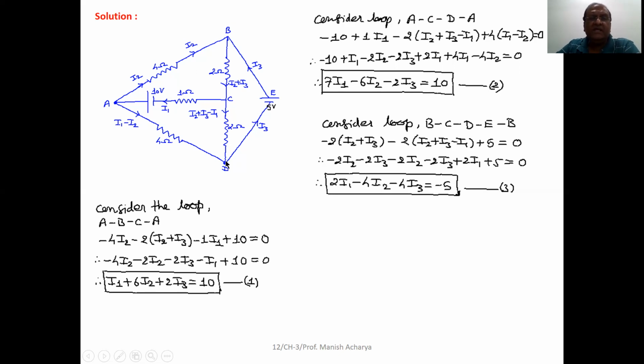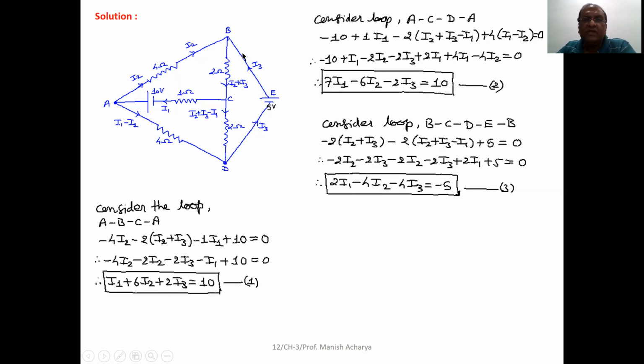Then C to D, you are moving in the direction of the current I2 plus I3 minus I1 through resistor 2 ohm. So again the potential difference, that is negative, minus 2 into (I2 plus I3 minus I1).